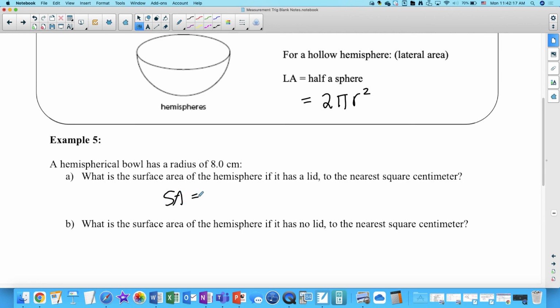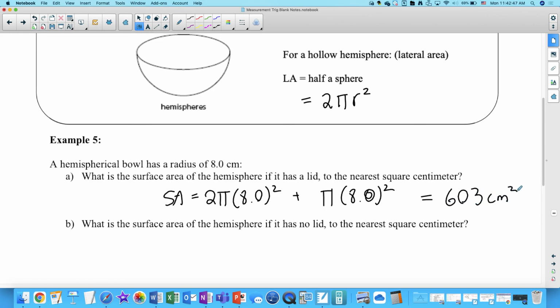Surface area equals 2 pi r squared, and r in this case is 8.0, plus pi r squared, pi times 8.0 squared. That's 603. To the nearest square centimeter, 603 centimeters squared.